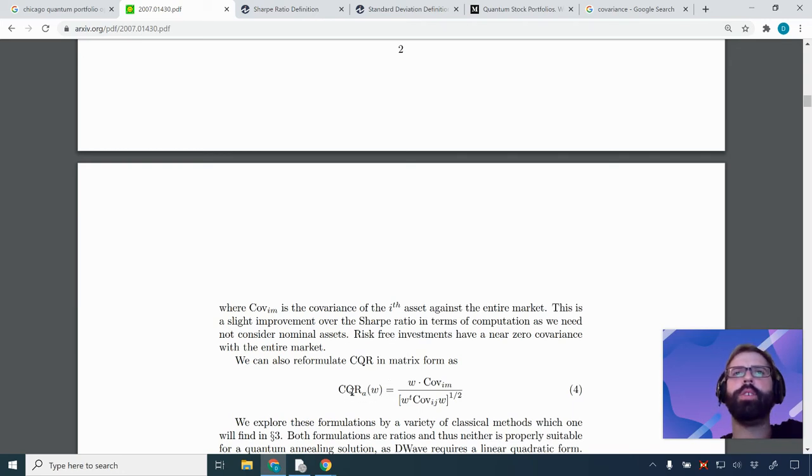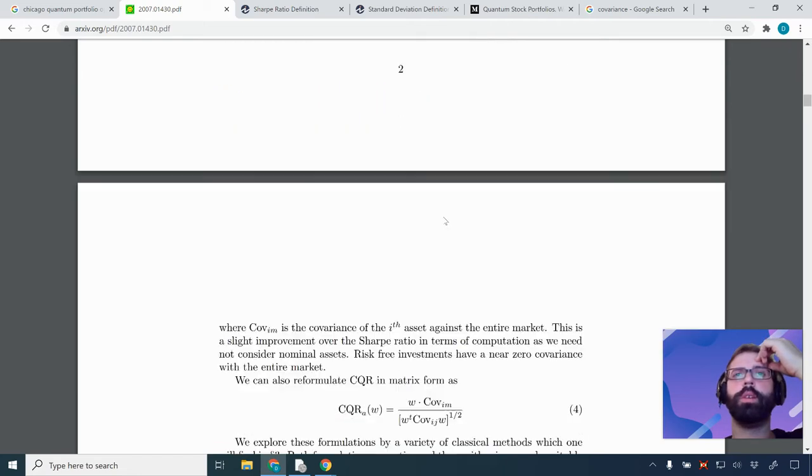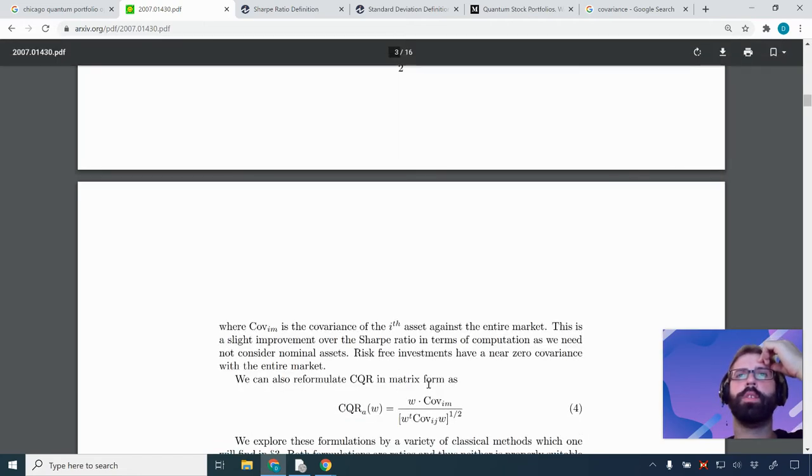Okay, so it's a CQR for one asset. Is the subscript here meaning it's one asset, right? No, it's of a collection of assets. It's the actual pick that you do, okay. But then there's something missing here, because this is a term for the ith asset against the entire market.